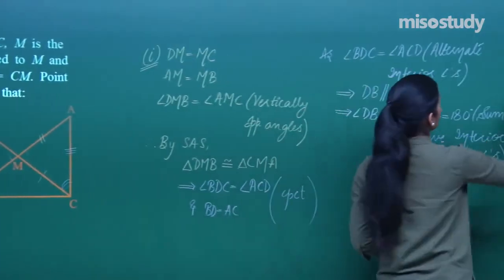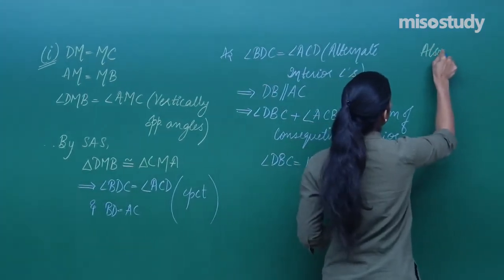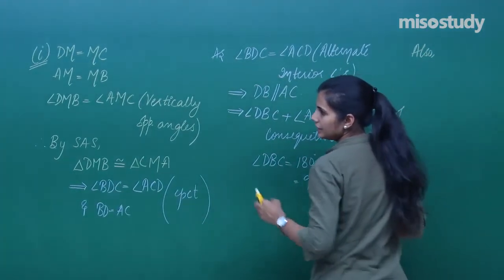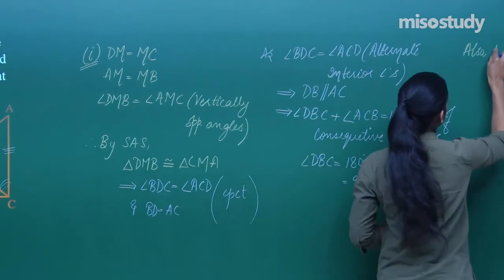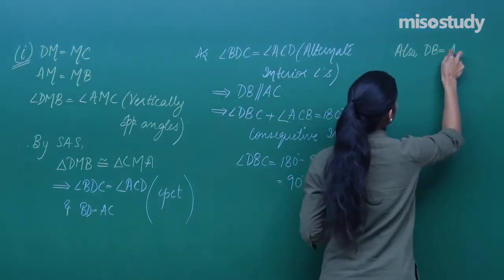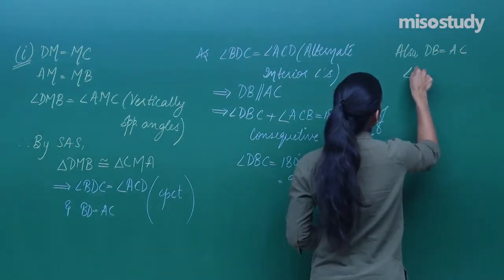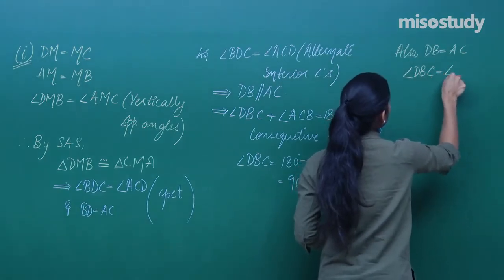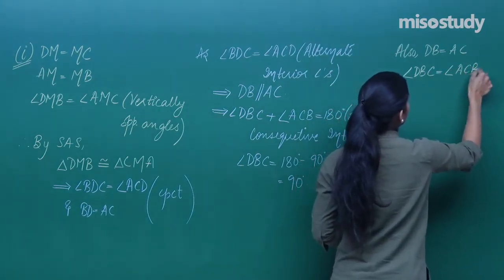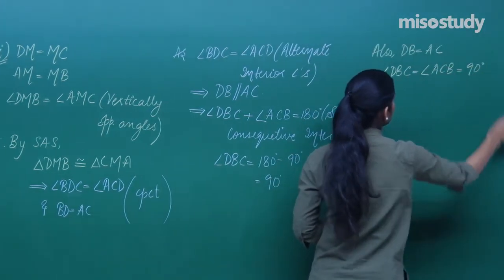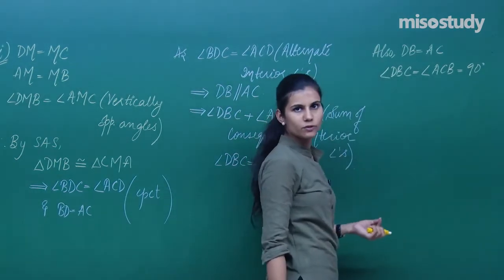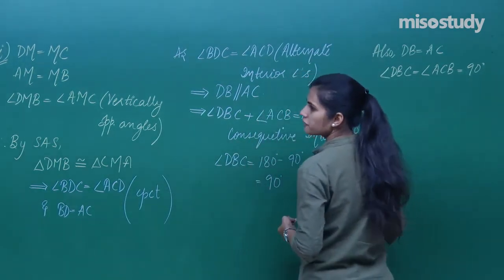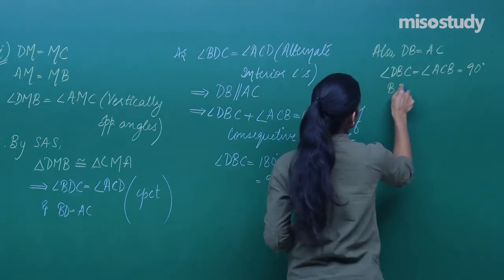Okay. So also, I have DB is same as AC. Angle at B is same as angle at C, which is 90 each. We just proved. One was given, one was proved. And I have BC is same as BC. This is the common side.